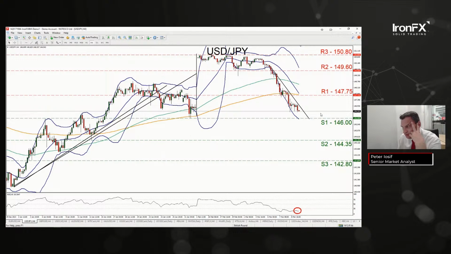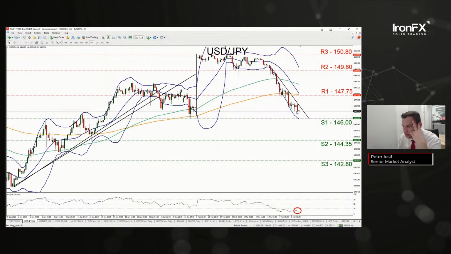Yet, I would say that a correction, which definitely is in the cards for the pair, may be a little bit premature, given that the price action still has some way to go before meeting the lower Bollinger Band. So for the time being, we tend to maintain our bearish outlook, and note how the 146 support line provided support here, but also resistance here.